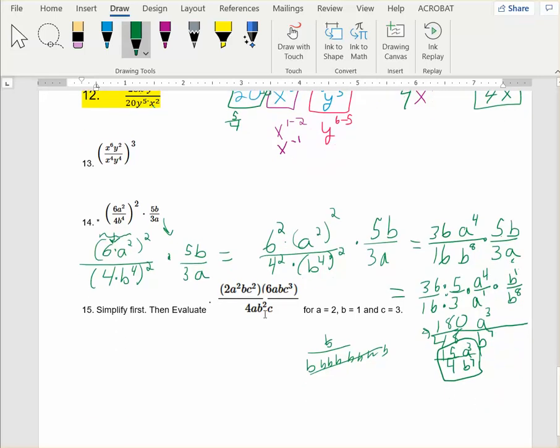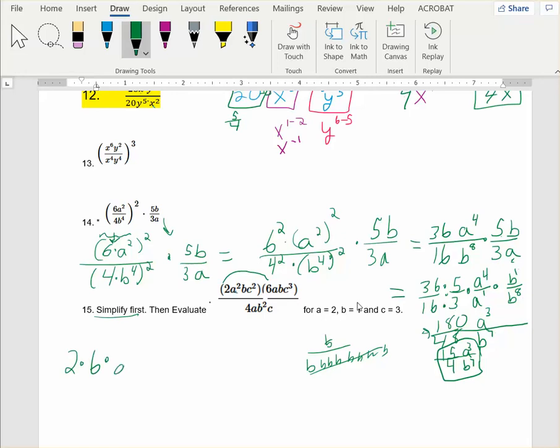When you do number 15, it says to simplify first. It's much easier if you simplify this first before plugging in a is 2, b is 1, and c is 3. So by simplify first, on the top, you will multiply the number parts together. We could rewrite this as 2 times 6 times, and then put the a parts together.